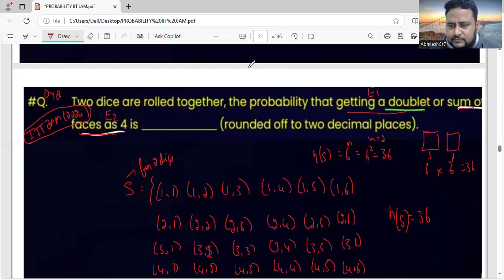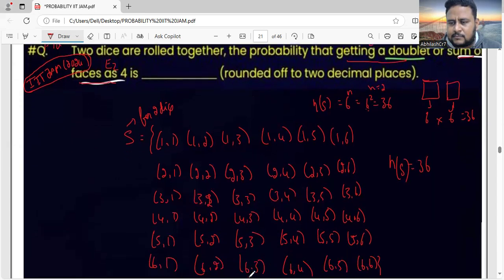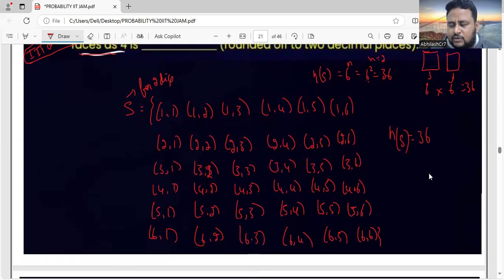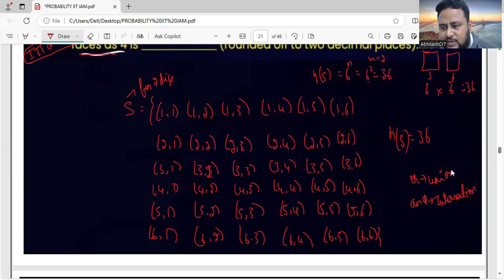See here, when they're saying or, that means they are telling union. When they say and, that means they are talking about intersection. Or means union, you have to combine.